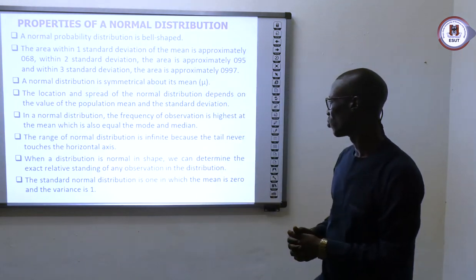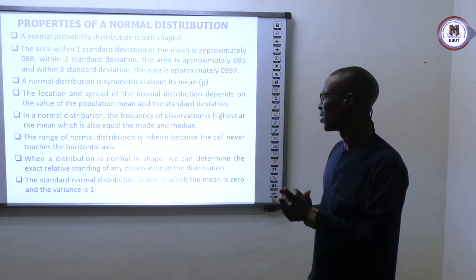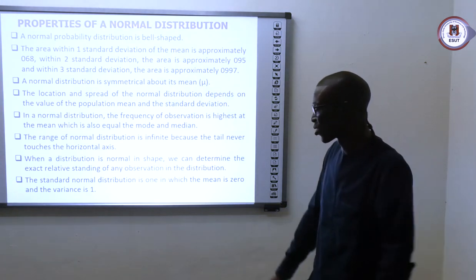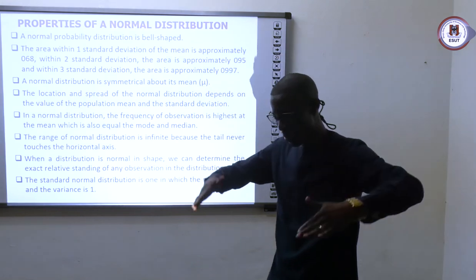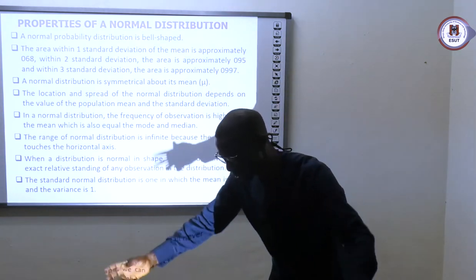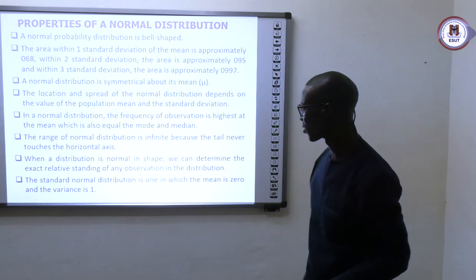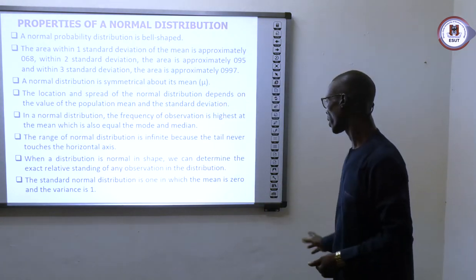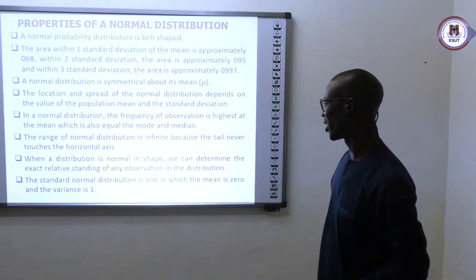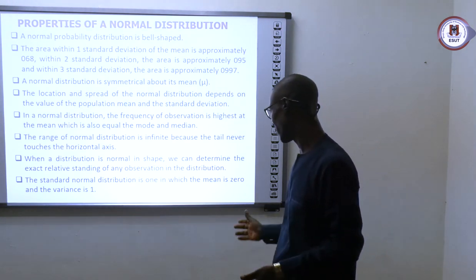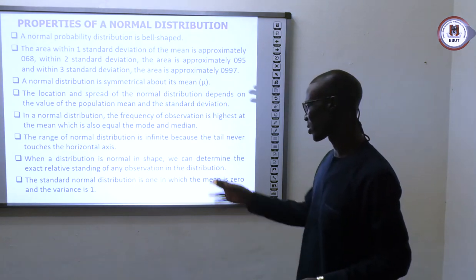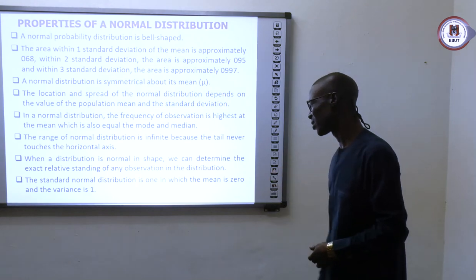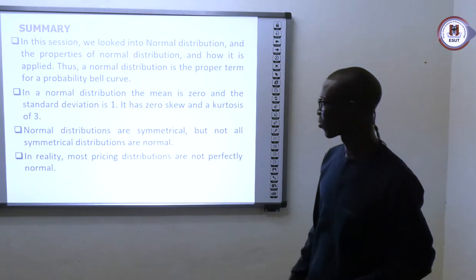So that is why we discussed the highest point at the mean of the normal distribution. It doesn't touch the horizontal axis; it is always curved down in a bell shape close to the horizontal axis, leaving some gap. When a distribution is normal in shape, we can determine the exact relative standing of an observation. A standard normal distribution is one in which the mean is equal to 0 and the variance is equal to 1.